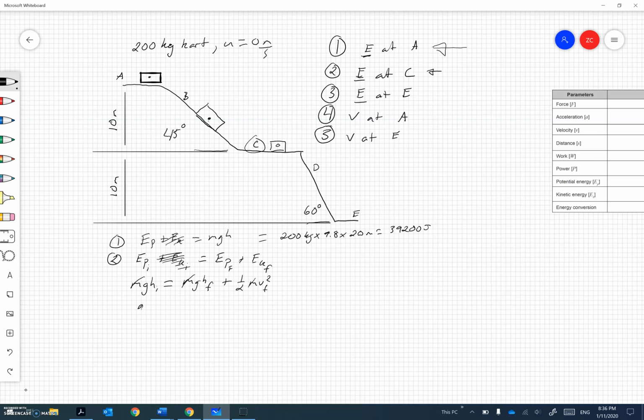So you get 9.8 times initially it was at 20 meters is equal to 9.8 times it's now at 10 meters plus 1/2, at this stage, a velocity that we're not too sure of, squared.